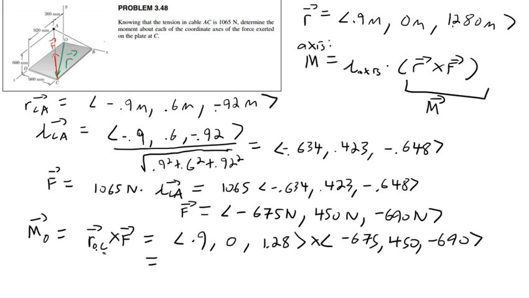Let me say the moment about O equals ROC cross F. The moment vector of this force about point O is equal to the vector from O to C crossed into the force vector. Okay? And this is ROC. Questions on that? Okay.